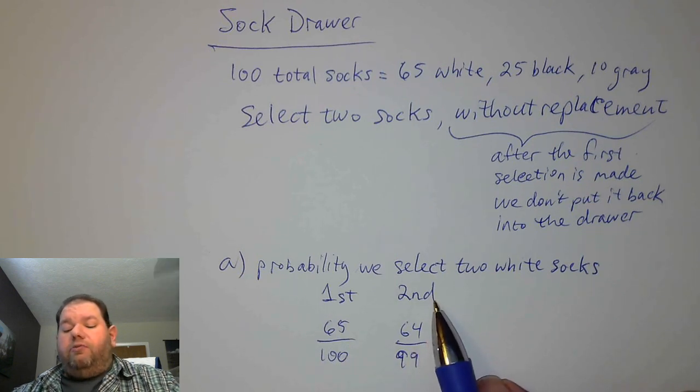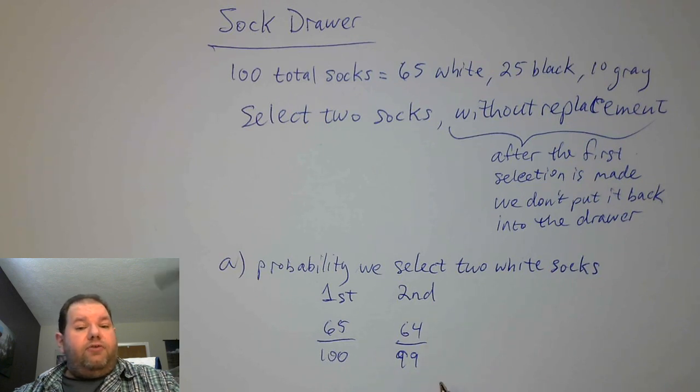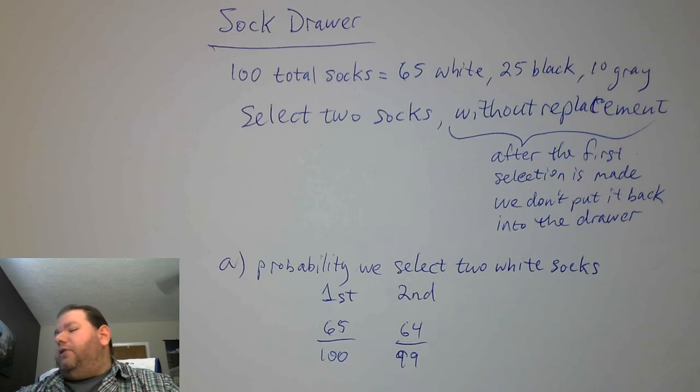And then what is our rate of success on the second try, assuming this was a success? Well, that means there's only 64 white socks left over now out of the 99 remaining socks. So our probability of success decreases the more socks that we take out of this drawer of that color that we want.